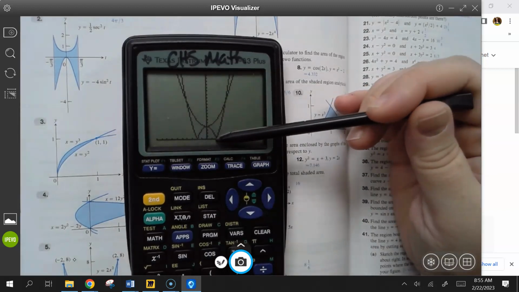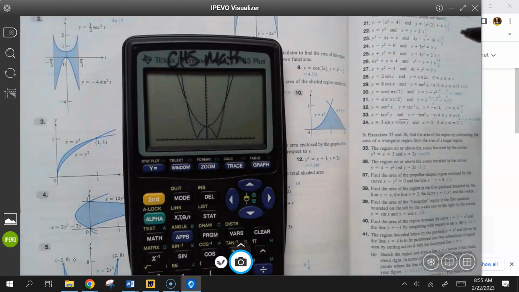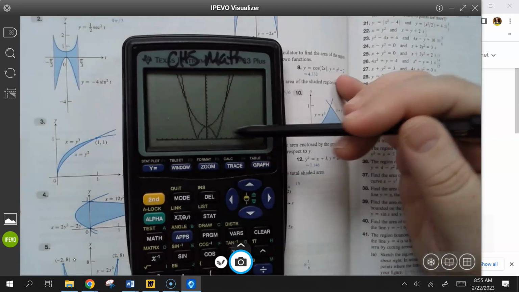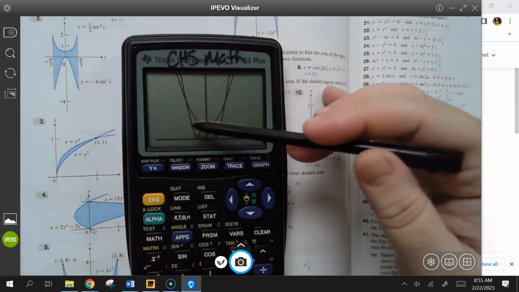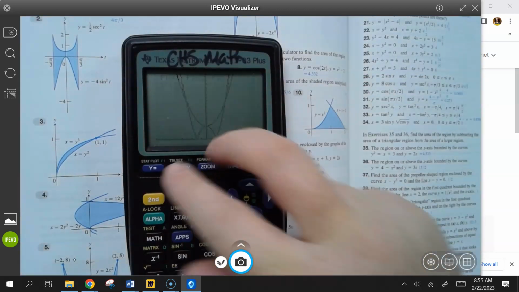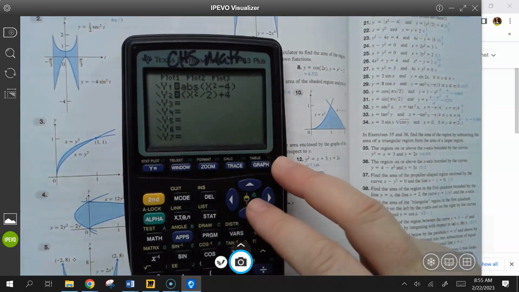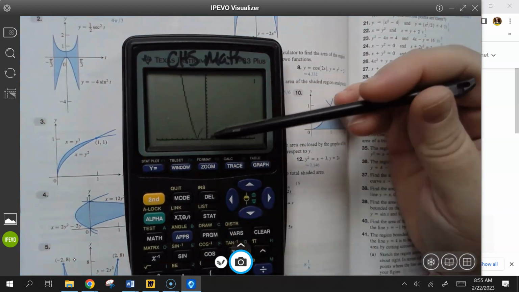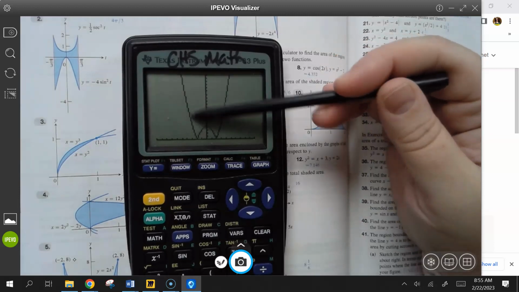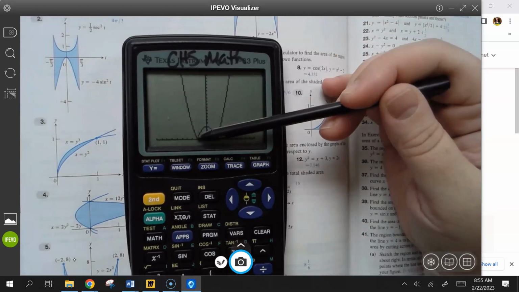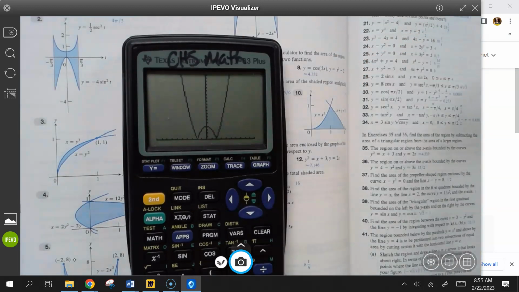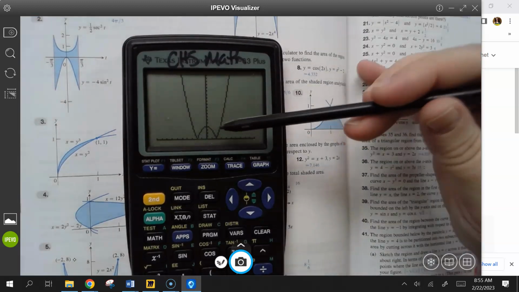From here to here, it's negative, it's the flip of it, so it's negative x squared plus 4. But on these ends, you'd have to set up 3 different equations. You'd have x squared minus 4 from negative infinity to negative 4.